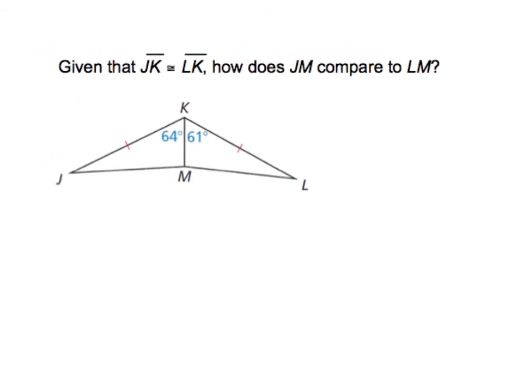All right, same idea. We've got a 64-degree angle and a 61-degree angle. We've got our reflexive property here, so we have two sides and then the included angle. The side opposite of 64, 64 is bigger, so the side opposite of 64 is going to be longer than the other side.